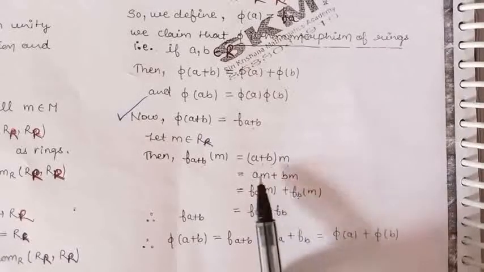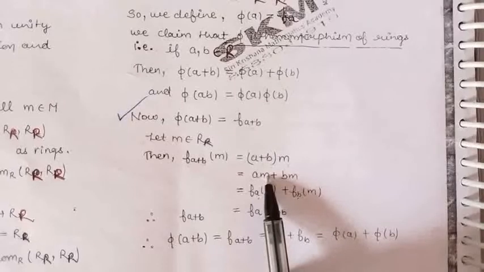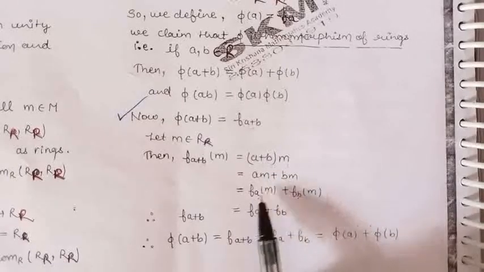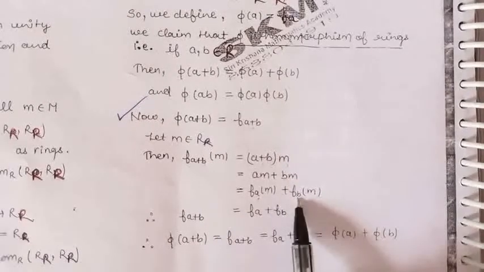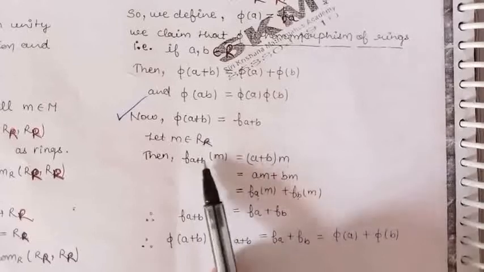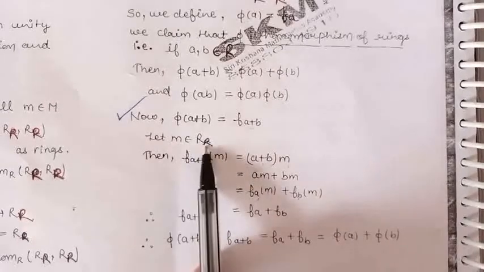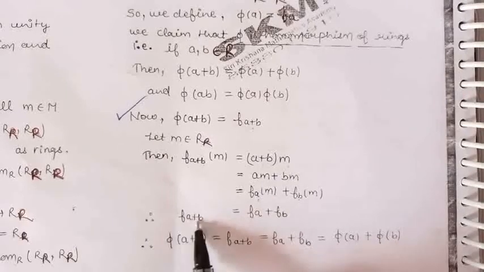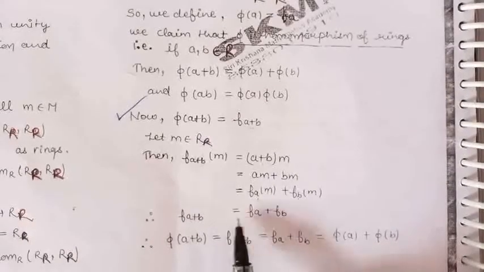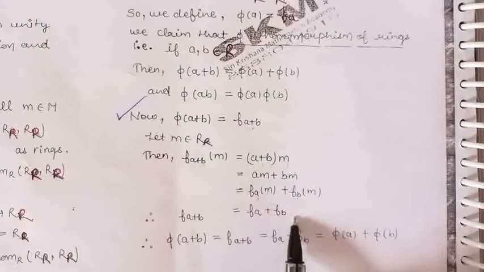By definition, am is the image of element m under the mapping f_a, and bm is the image of element m under the mapping f_b. So because this is true for every m belonging to R, we can say that the mapping f_{a+b} is the same as f_a + f_b.